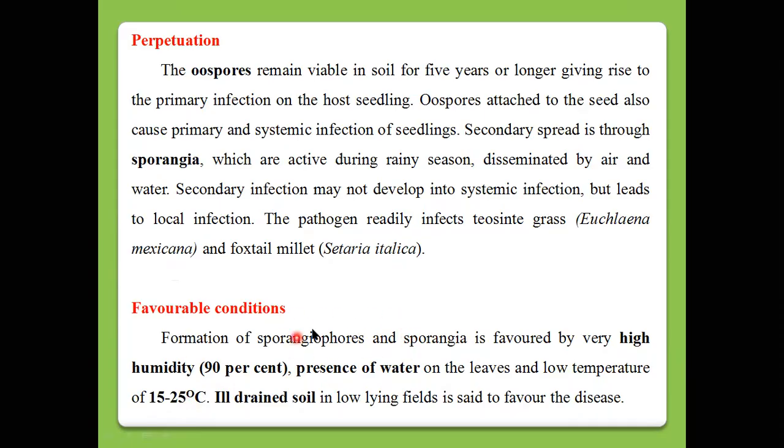These are the climatic factors responsible for producing the disease in pearl millet. One soil factor is also considered for the development of downy mildew disease in pearl millet, that is ill-drained soil. This is one factor that is mostly favorable to produce downy mildew infection in bajra or pearl millet crop.